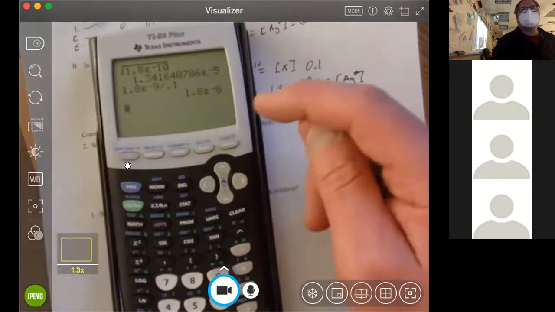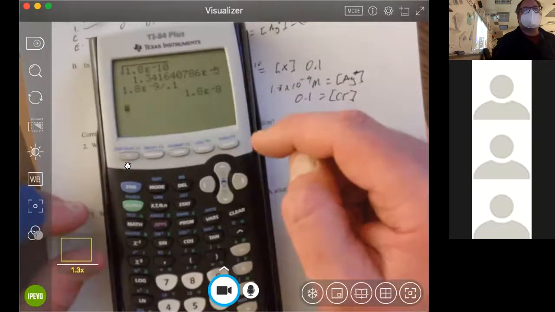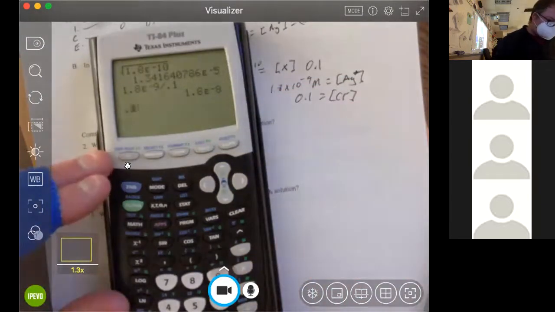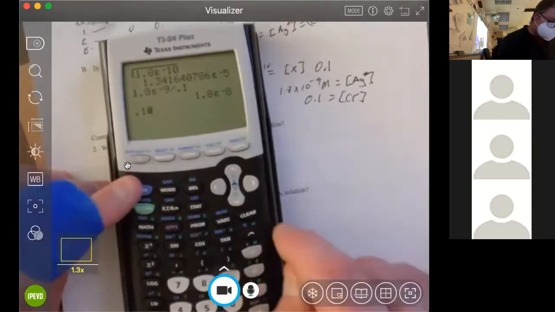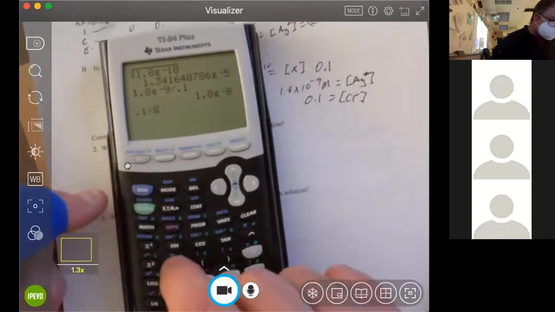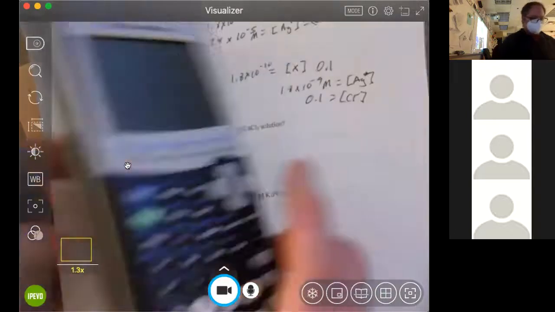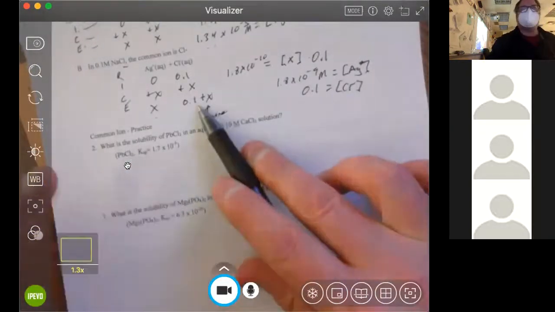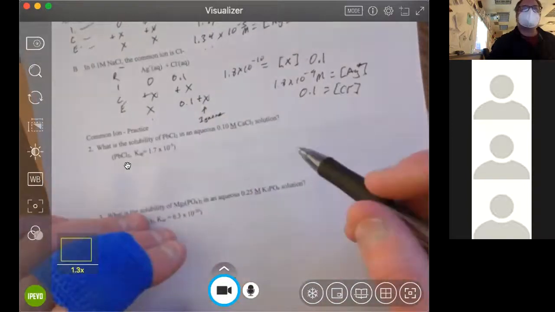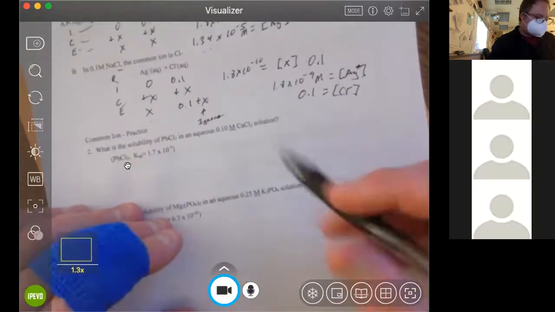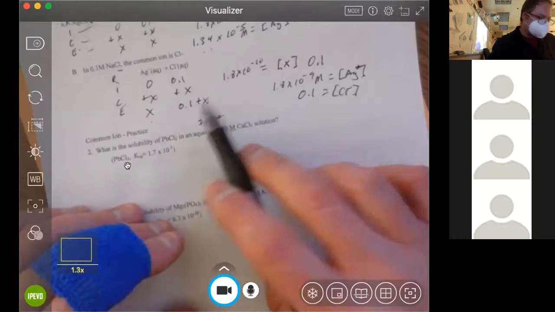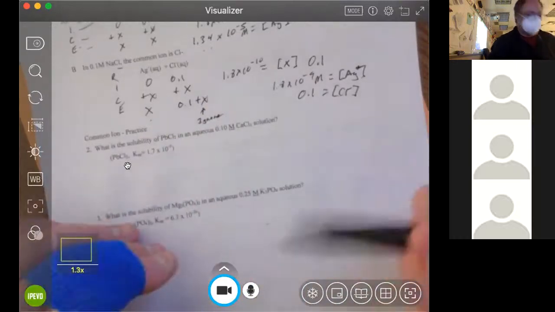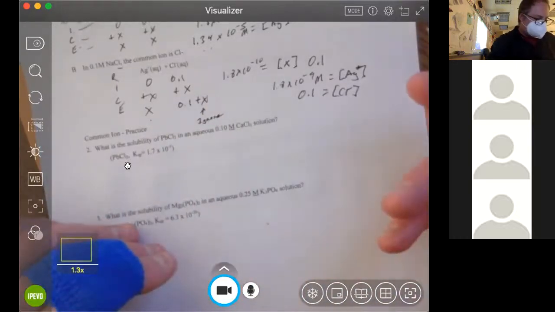You can check to see what percentage of this is, and this is called the 5% rule. Basically, if this is less than 5% of this, then this is not going to affect it at all. That's a common way to call it.